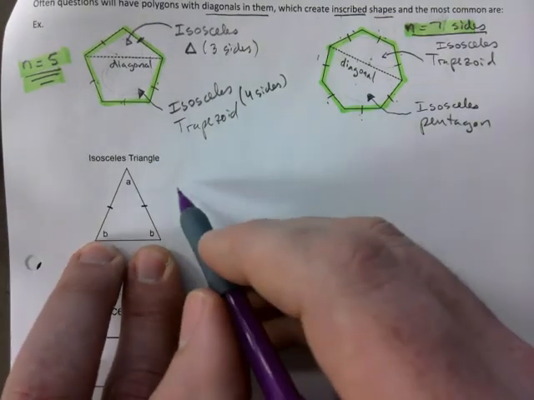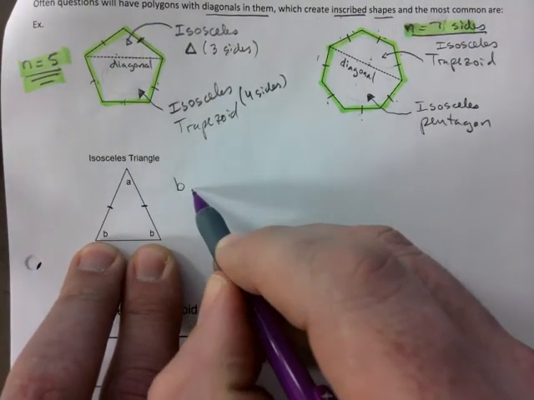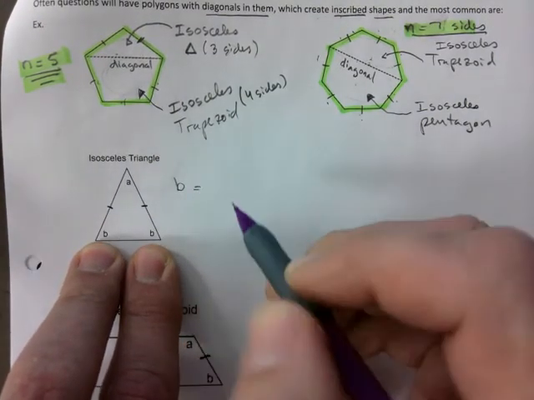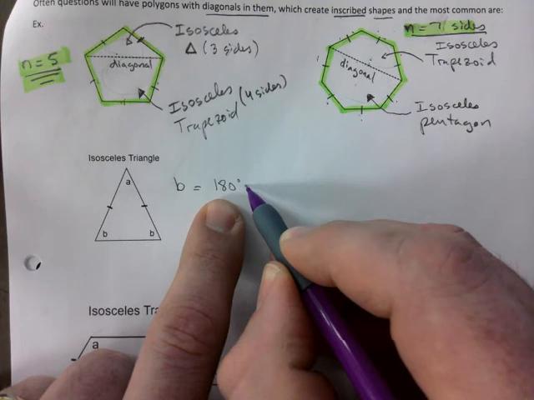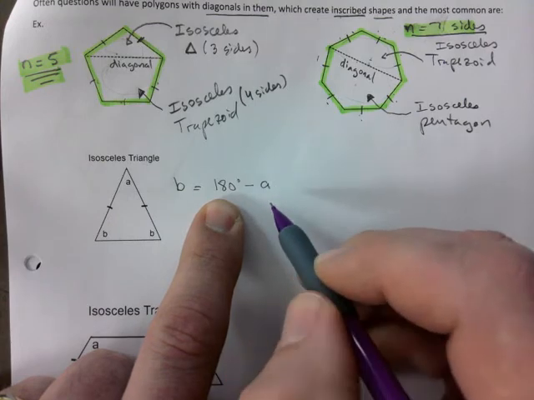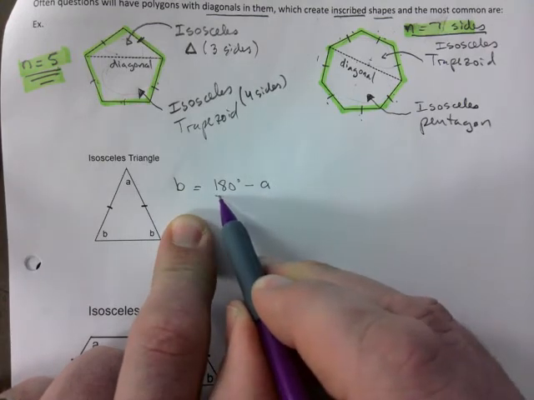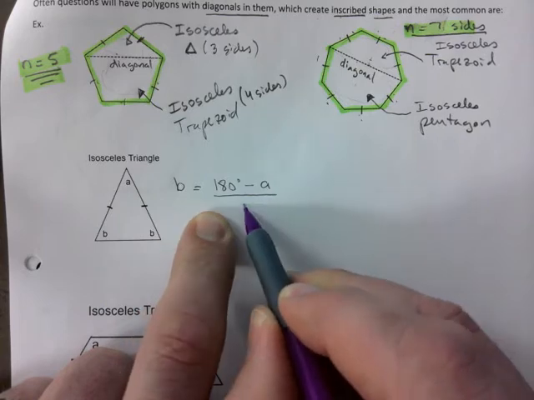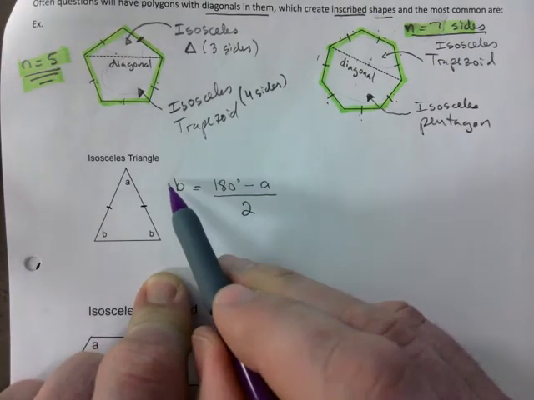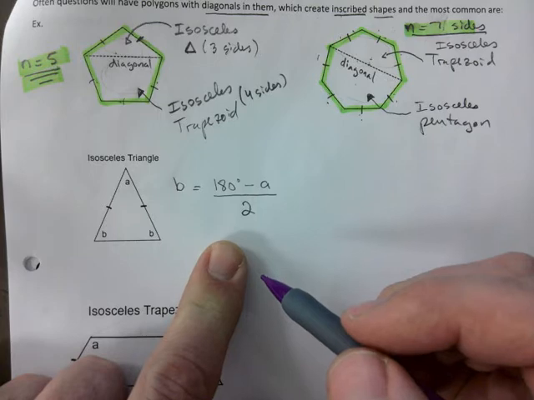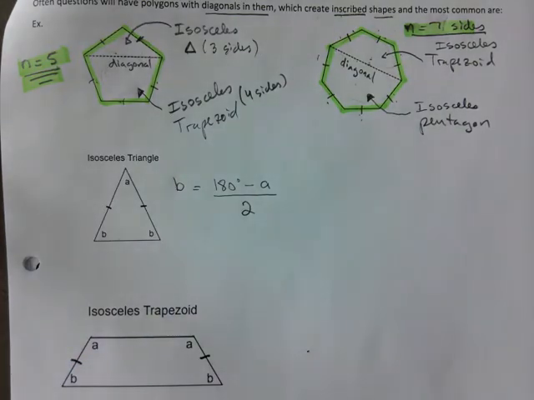Basically, what I want you to focus on is that B is going to be found by going 180 minus angle A, divided by 2, okay?